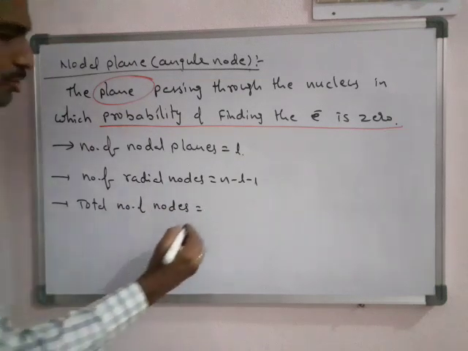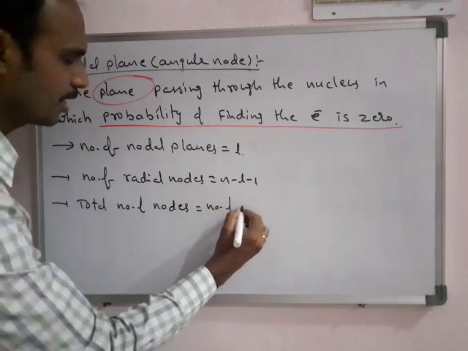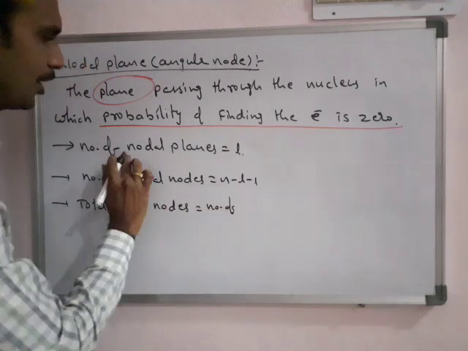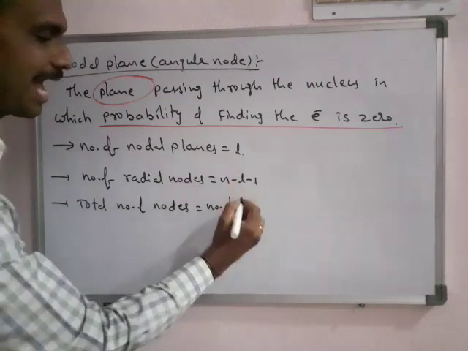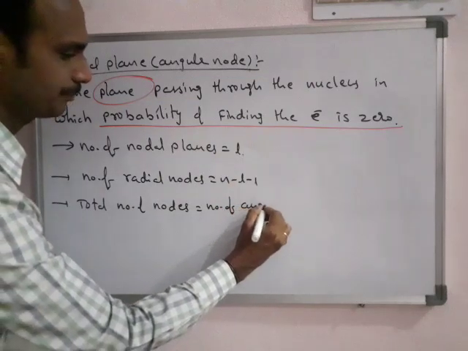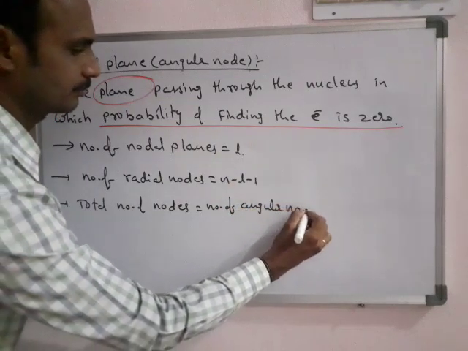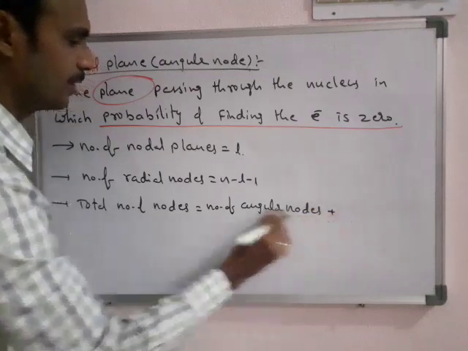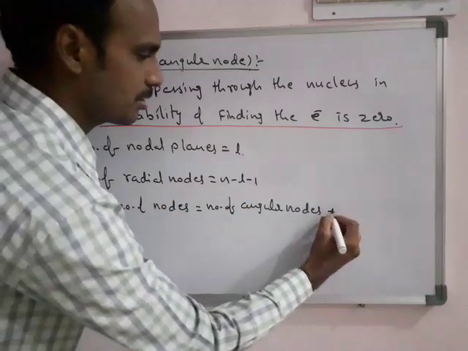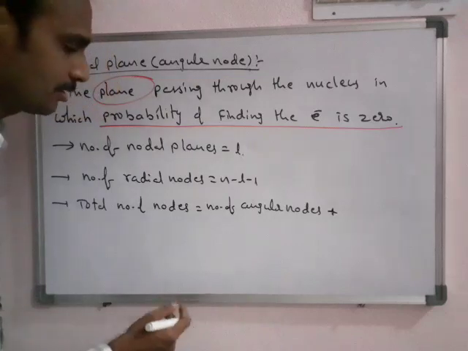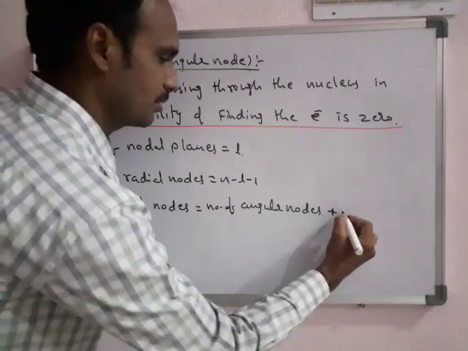Total number of nodes means the number of nodal planes, nothing but angular nodes, plus radial nodes, which are also known as spherical nodes.